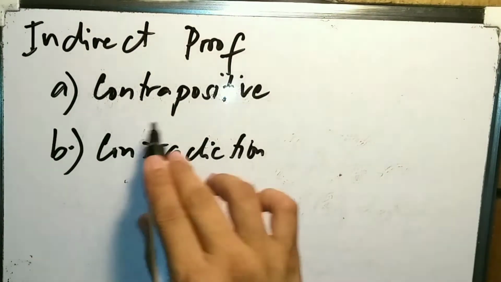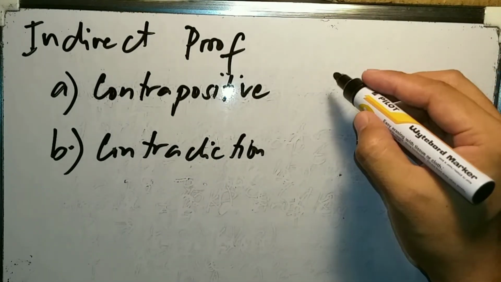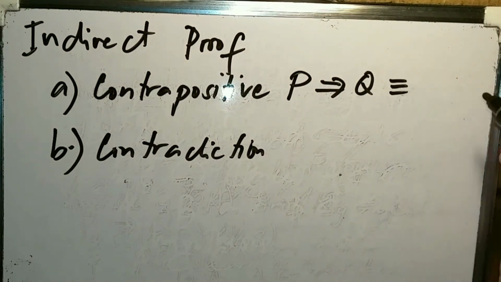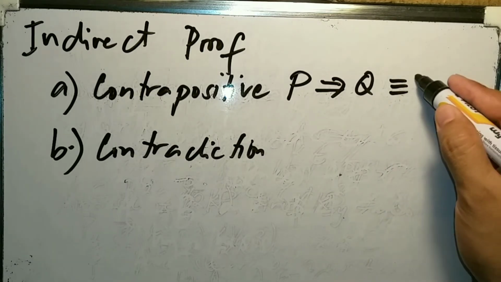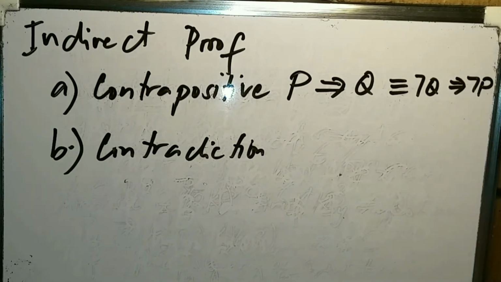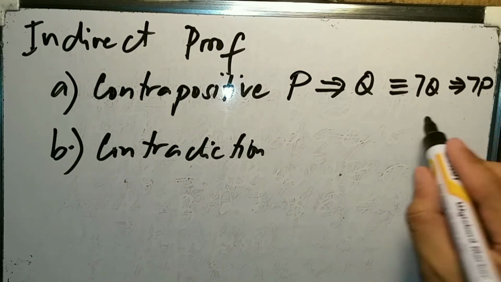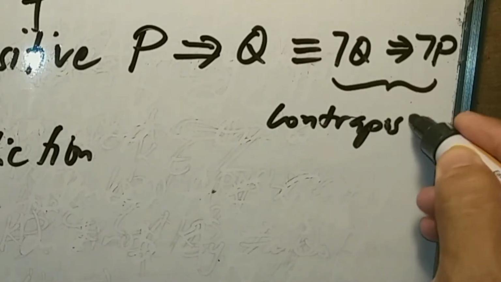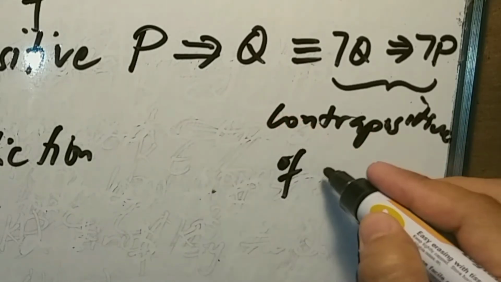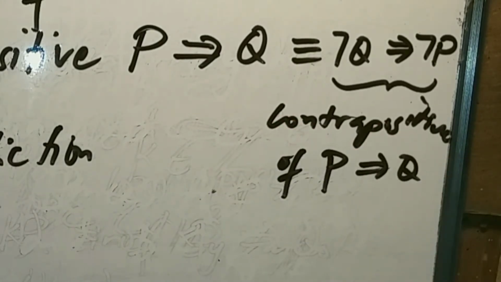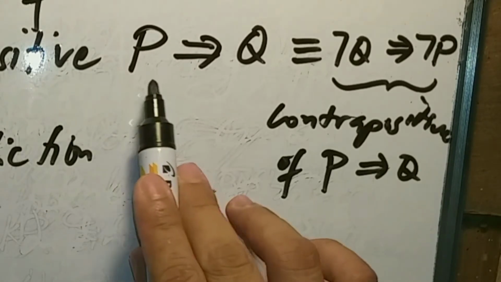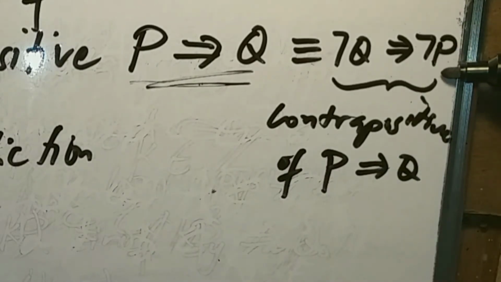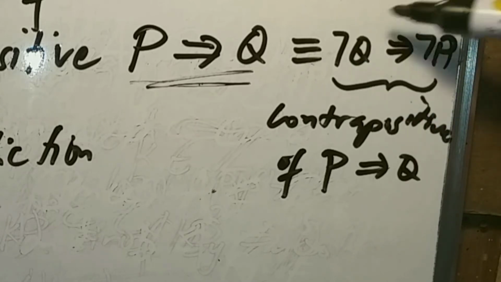So for the contrapositive, in logic, P implies Q is logically equivalent to not Q implies not P. Now, this statement is what we call the contrapositive of the statement P implies Q. So for us to prove a statement using contrapositive, we will use this proposition.